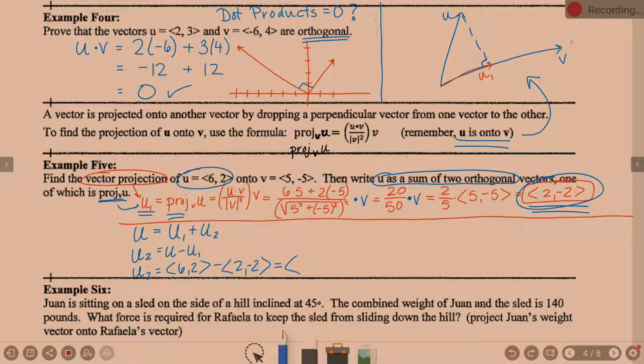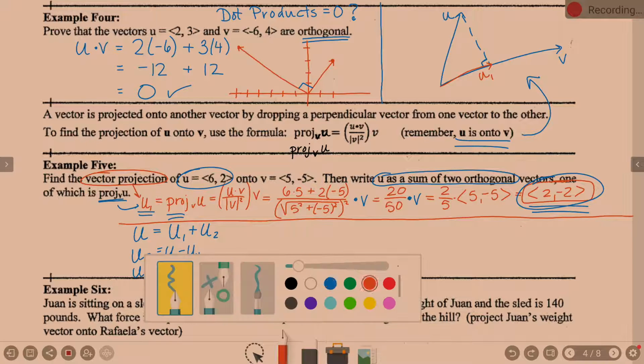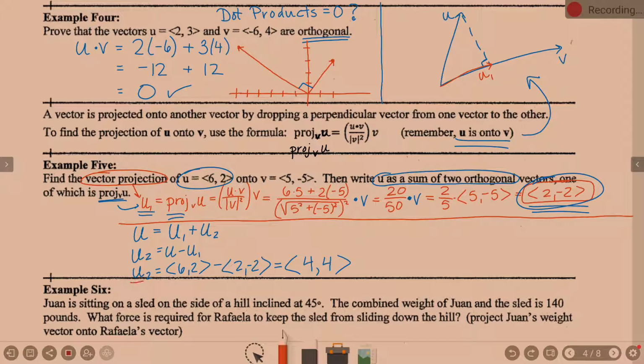For the first component, 6 minus 2 is 4. For the second component, 2 minus negative 2 is also 4. So what we just found here is that this is u2, and u2 is the vector 4, 4.